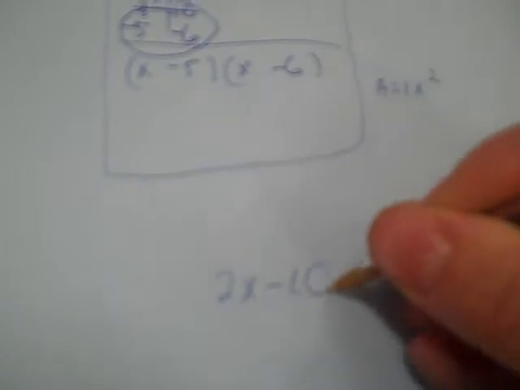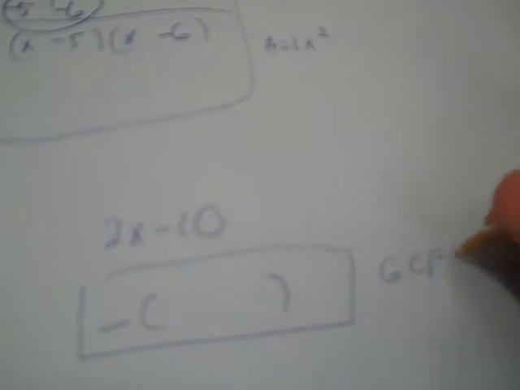Open that up a little bit so I can get common factors. 2x minus 10, got to take a look at that. There are two terms, so that would be GCF and DOPS. GCF, no negative.